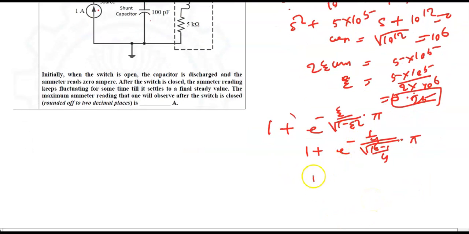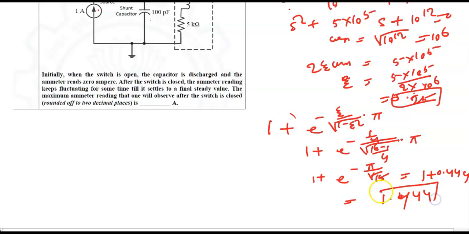So finally 1 plus e to the power minus pi upon root 15. You will get 1 plus 0.444 with the help of a calculator. So the peak value will be 1.444. That will be read by the ammeter, that is the maximum value read by the ammeter before settling to 1 ampere. So this is the way.